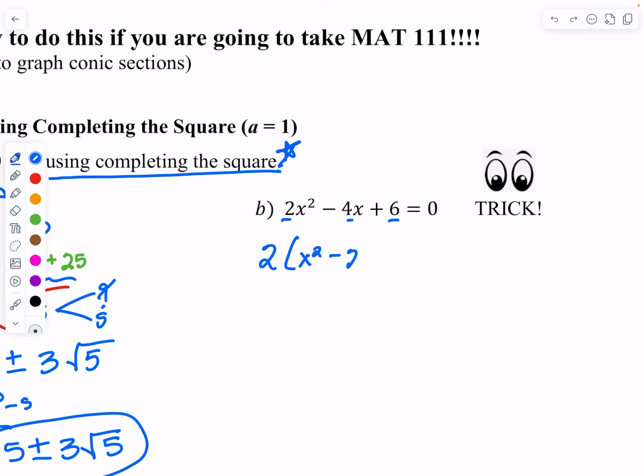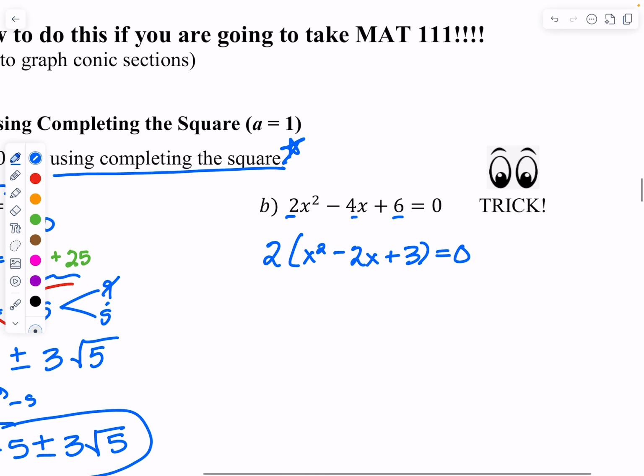2x plus 3 equals 0. Actually, let's see. Yeah, let's do that. And then I'm going to divide it by 2. Because do you see what that does?